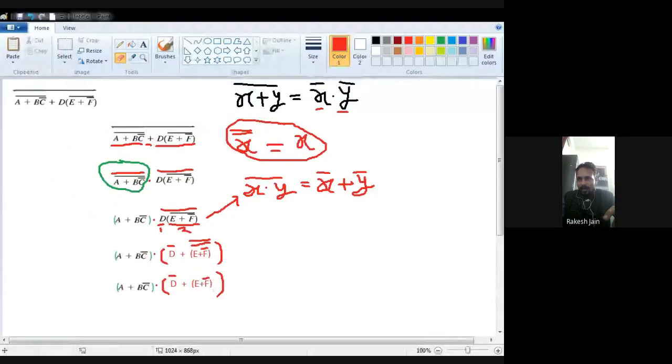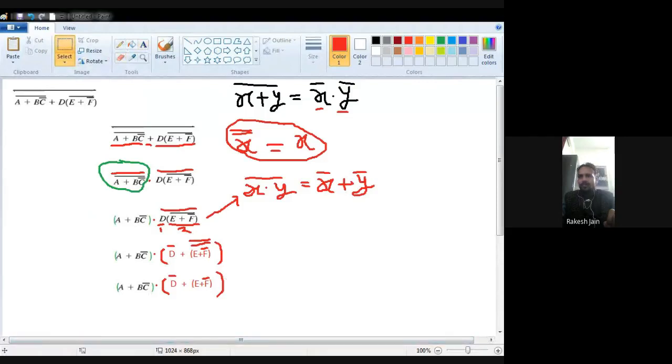So a plus b c bar, in brackets d bar plus e plus f bar, e plus f. What is the solution of this one?